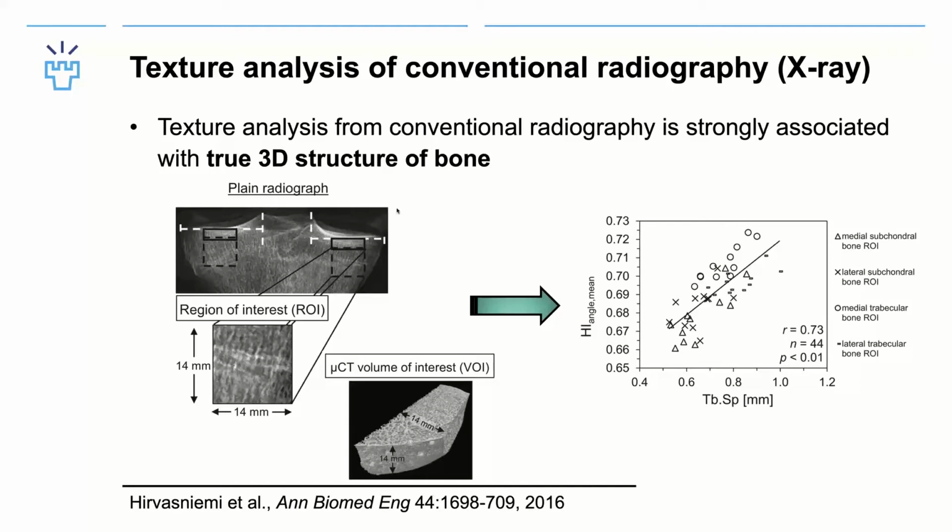When you analyze the texture of the sum image and compare it with micro-CT analysis, here with cadaver bones, you saw fairly nice associations of these texture parameters with the true three-dimensional bone structure.